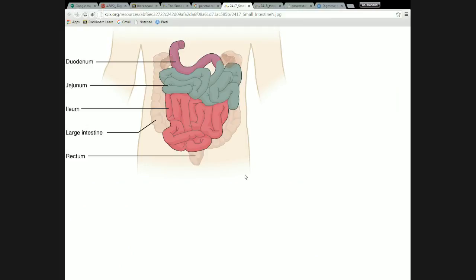So they suggest that it's shorter than that, but I don't think they actually give a real number for how much shorter it is. But even if it's like half the length, it's still a good bit more length than a straight line from the end of the stomach to the beginning of large intestine. So just by increasing the length of that tube, there's more tube to absorb things in.